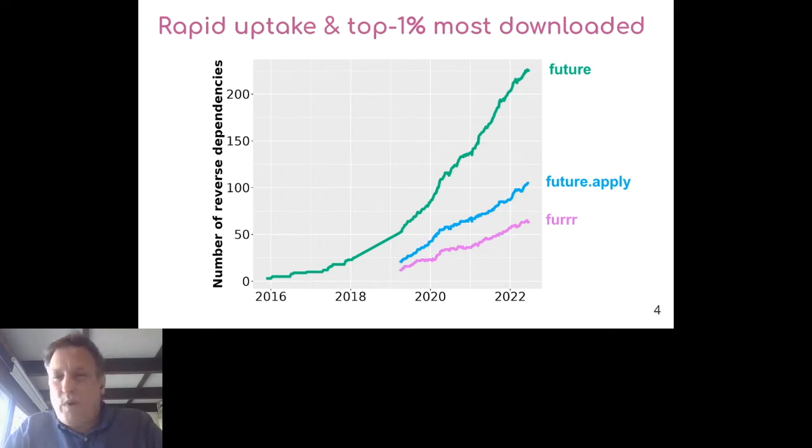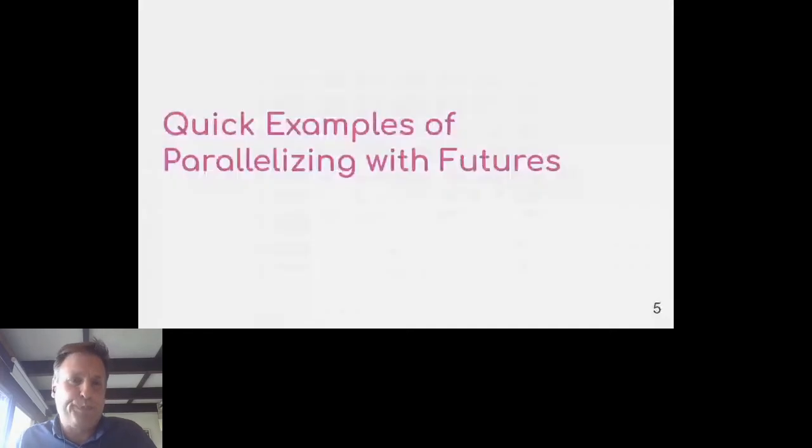It's in the top 1% most downloaded packages any week. The future.apply package and furrr were released a little bit later, and they also see a great uptake in usage. So that's nice to know that people find it useful, and it gets a lot of testing throughout this usage too.